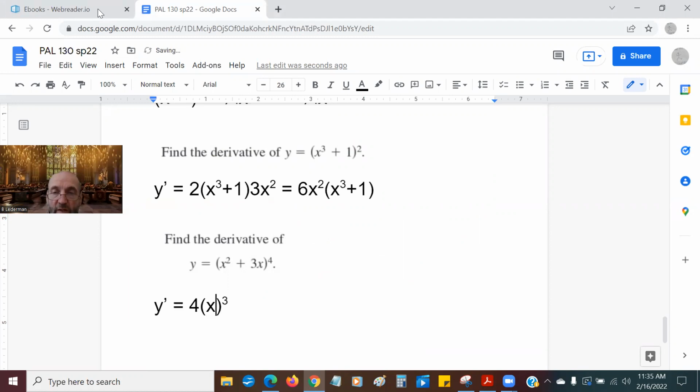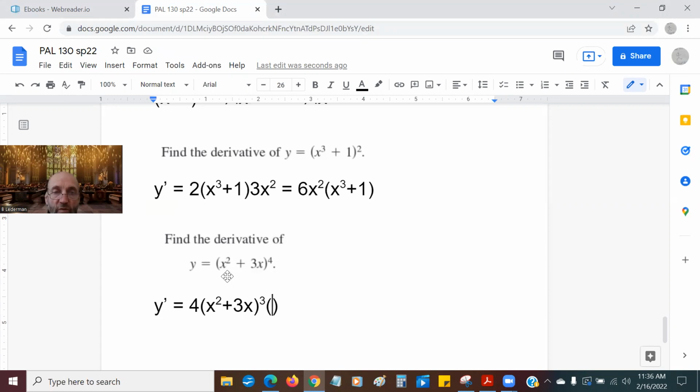Times the x squared plus 3x, and times the inner derivative, the derivative of the inner function, and the inner function is x squared plus 3x.